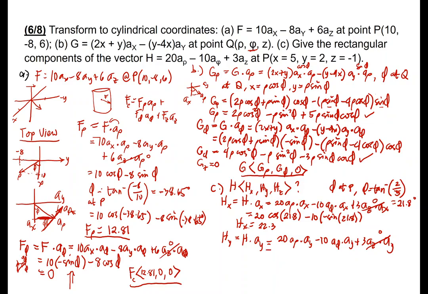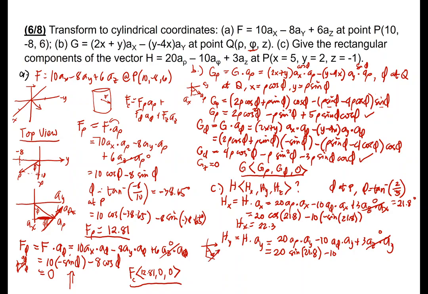So we have 20 a rho dot ay. Look at the drawing, a rho versus ay. Now this is the angle, so this is sine of 21.8. 21.8 again is from the point P. Minus 10 ap dot ay. This is positive.